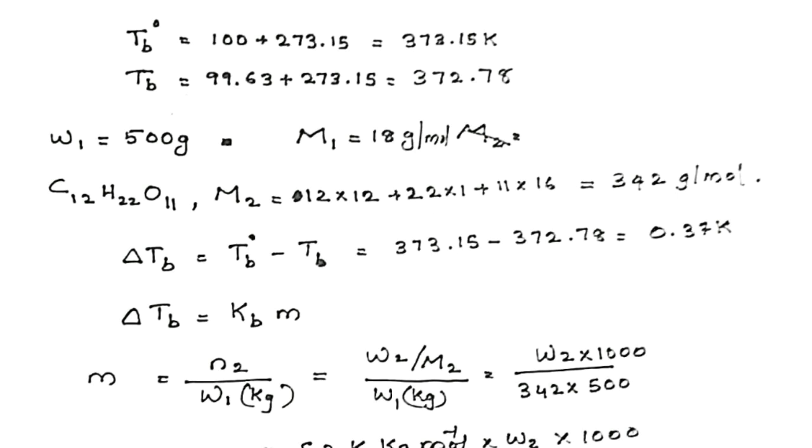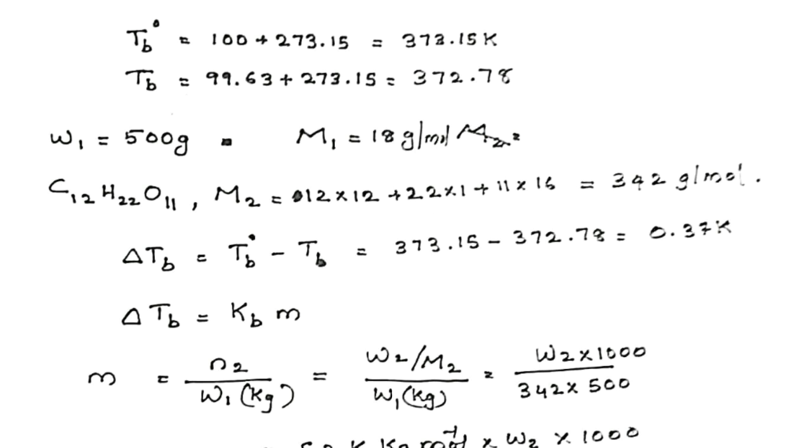N2 divided by W1 in kg. So N2 is equal to W2 by M2, that also we know. W2 we have to find out, and M2 we found out as 342 gram per mole, divided by W1.